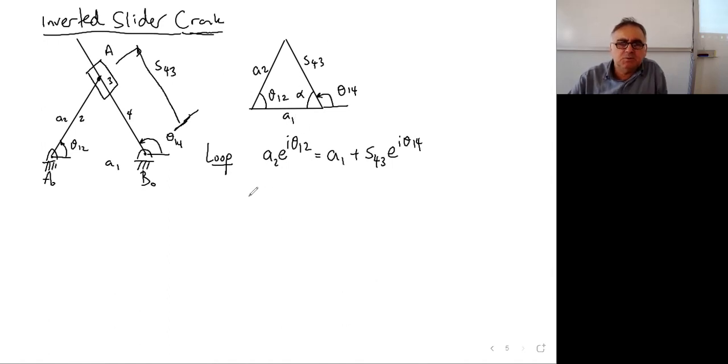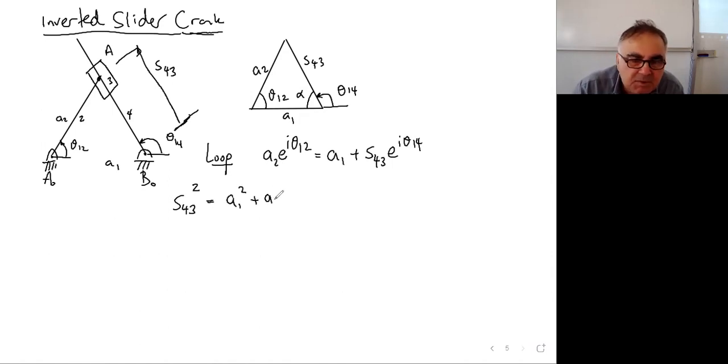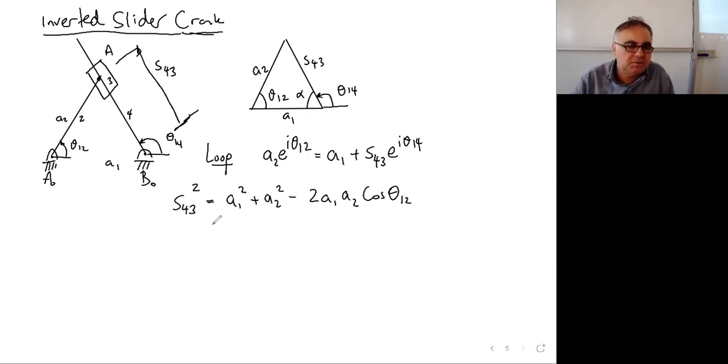Simply looking at the triangle, you can say that S43 squared is equal to, this is the cosine theorem, A1 squared plus A2 squared minus 2A1 A2 cosine theta 1,2. So S43 can be solved from here, very simply. And also you can use the sine theorem here.